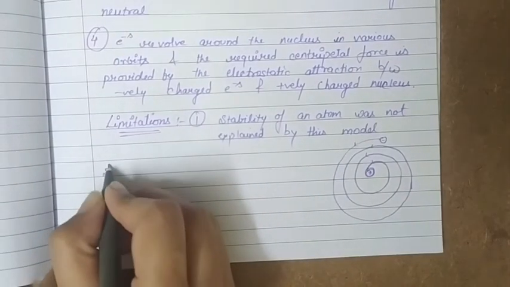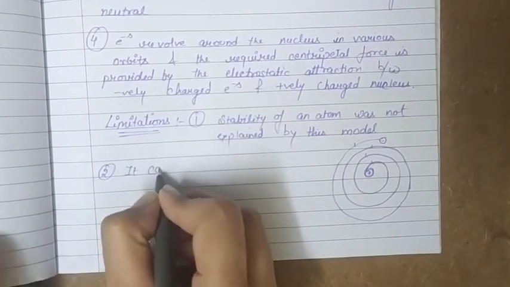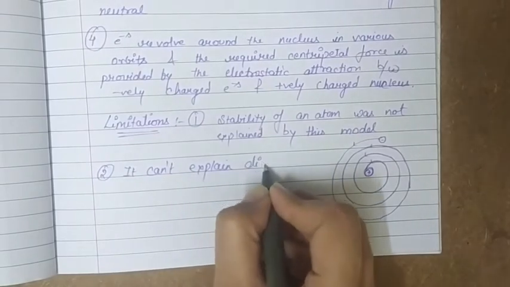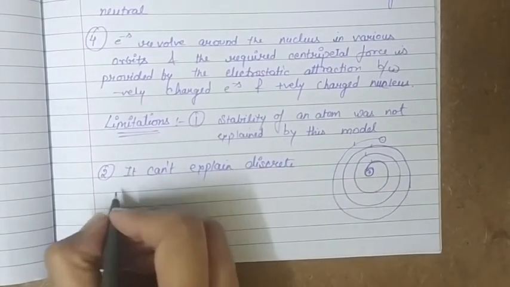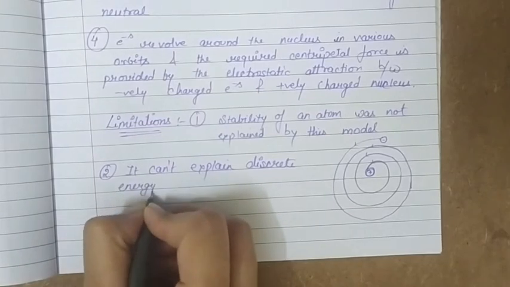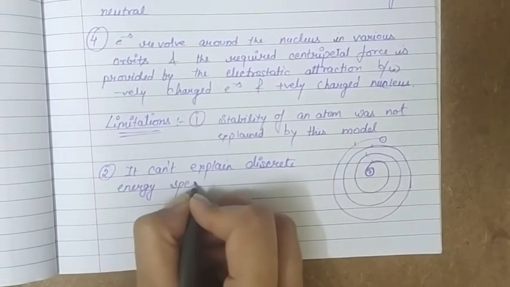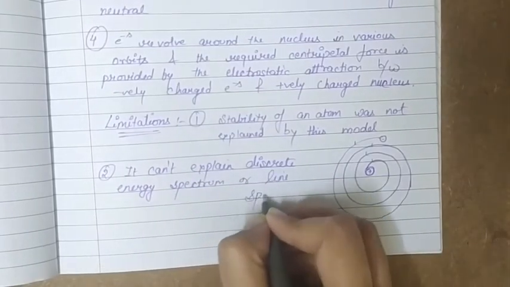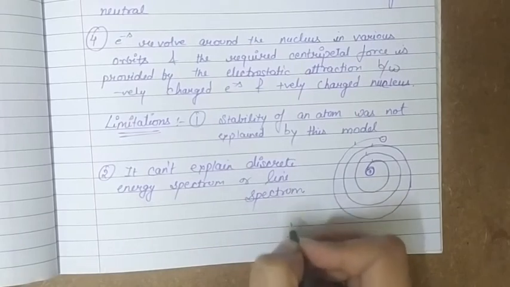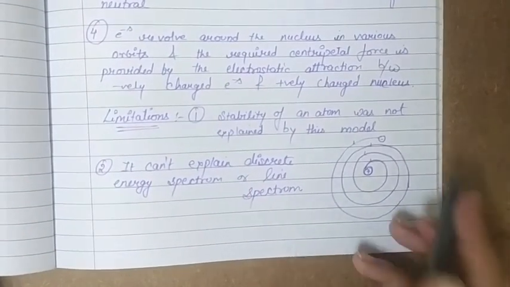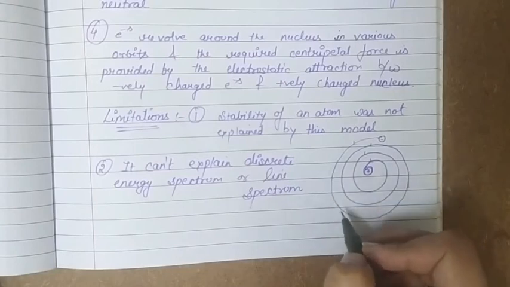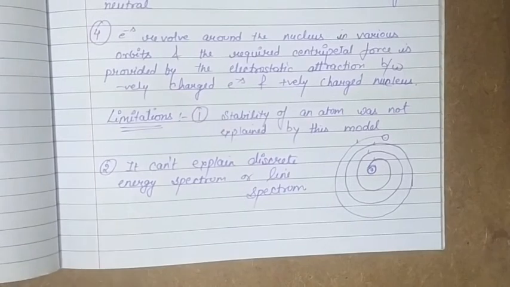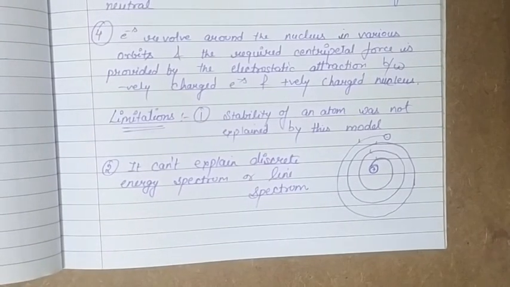The second thing is, it can't explain the discrete energy spectrum or line spectrum. In practicals, we get a line spectrum, but according to the Rutherford model, if the electron is revolving in all the possible energy levels, meaning in all the orbits, then we should have a continuous spectrum.